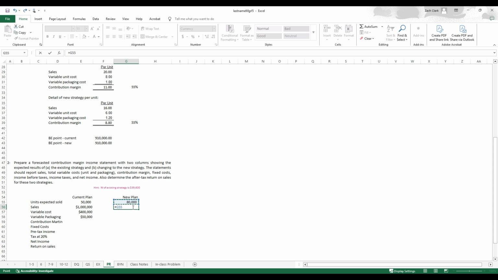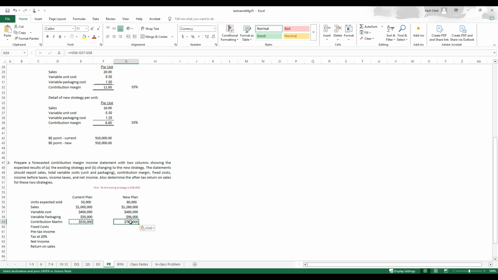Okay, now let's do it for our new plan. So then we've got 80,000 times our 16,000. We've got 80,000 again variable, right? So as our number of units go up, these change proportionally. Okay, and then remember our contribution margin formula is sales minus variable costs.